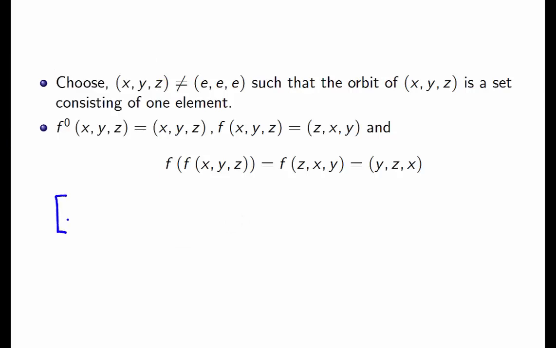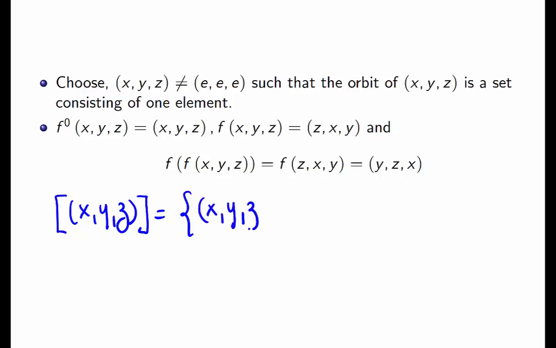In the equivalence class of (x, y, z), we will of course have (x, y, z), and if we apply f to (x, y, z), we get (z, x, y).